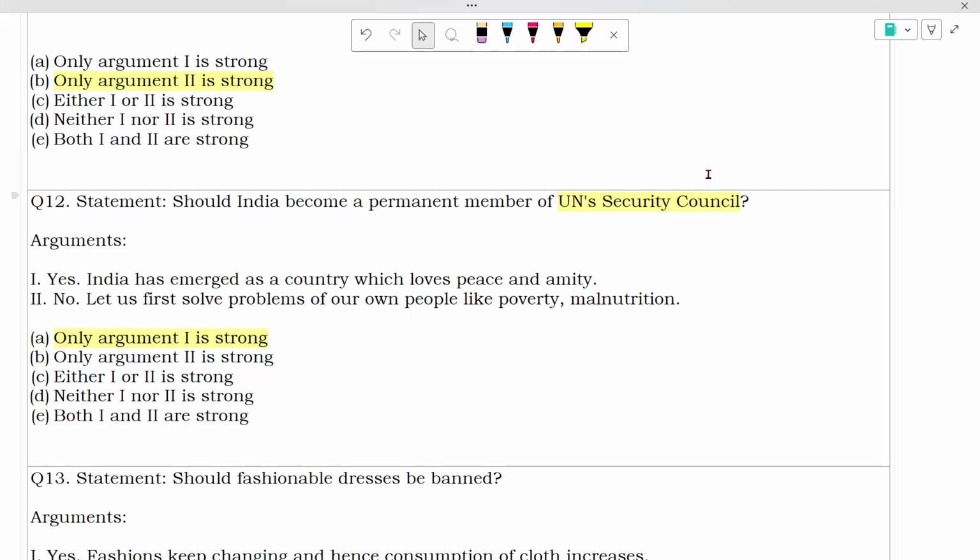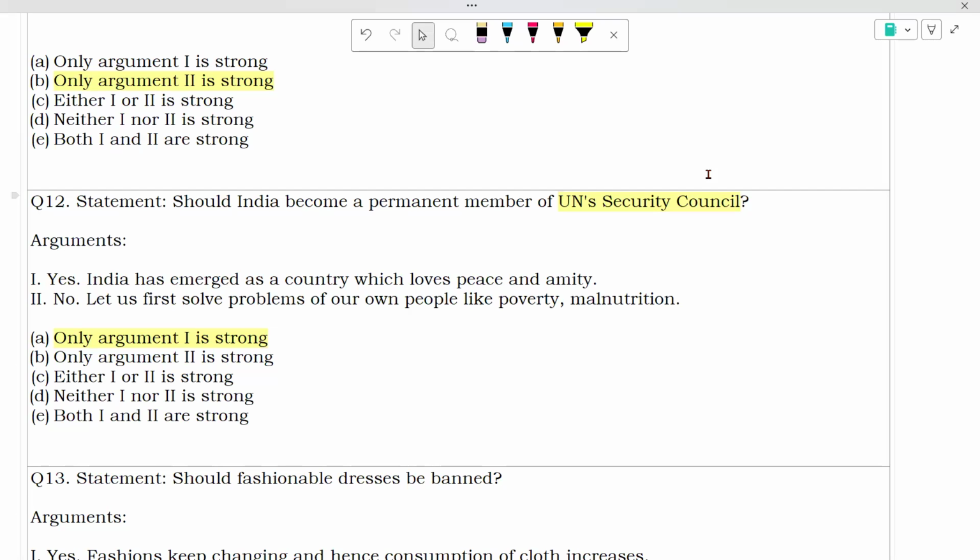Sir, in this statement, we are calling the first one strong, but then you gave a list of points. If the person saying this point had said all of those, then this argument would have been strong. Just mentioning peace and amity is not making it that strong. No. Suppose the comparison was there. The first statement would have been, yes, India has emerged as a country which loves peace and amity.